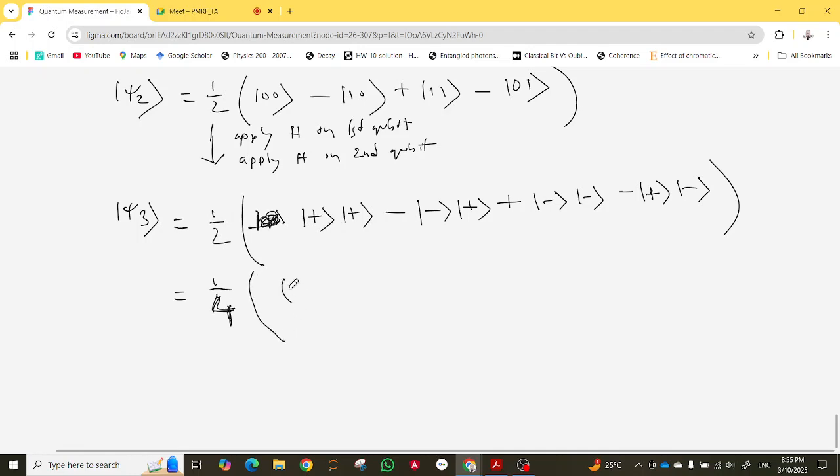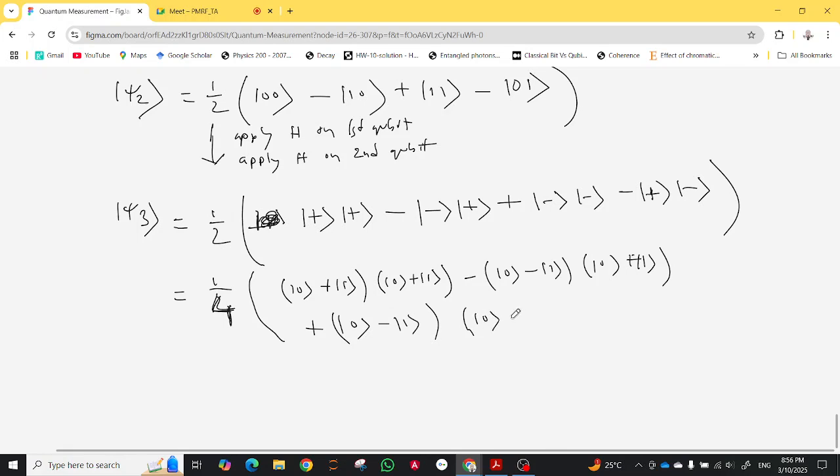And inside what you will have: this is (0 plus 1) times (0 plus 1), minus (0 minus 1) times (0 plus 1), plus (0 plus 1) times (0 minus 1), and the last one is plus (0 minus 1) times (0 minus 1). Okay, this is your psi 3.